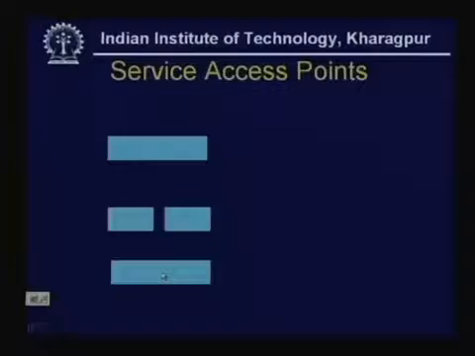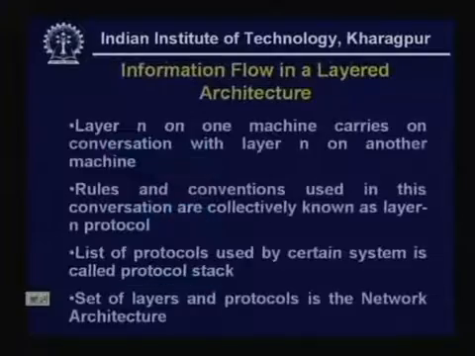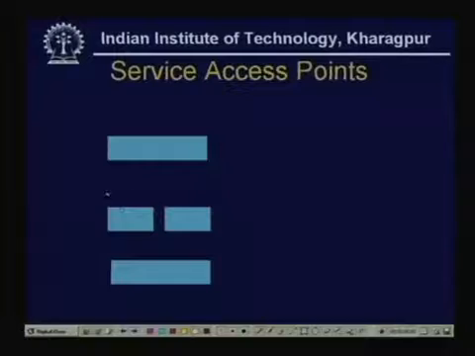Let me explain how the layers communicate with each other through service access points, and for that purpose let us consider two adjacent layers. Here you have got two adjacent layers.